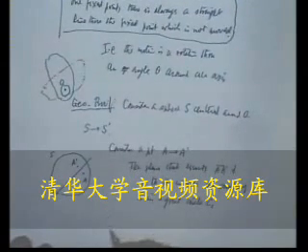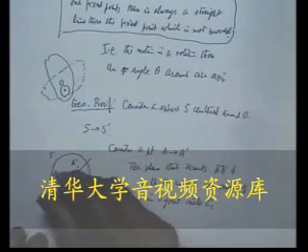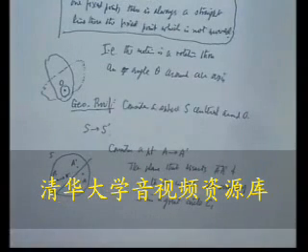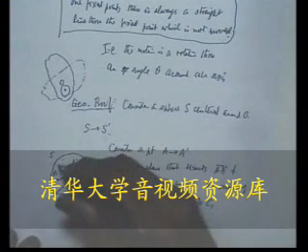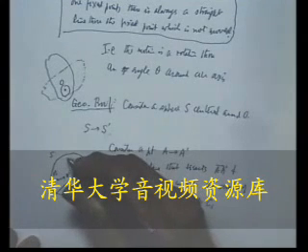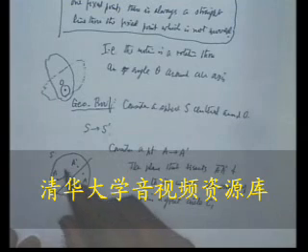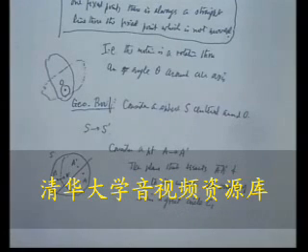OK, then take another point B, which goes to B prime. I do the same thing with B and B prime, then I get another great circle. So I have two great circles.